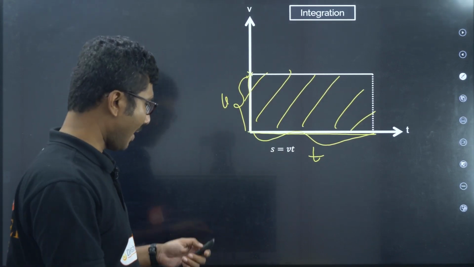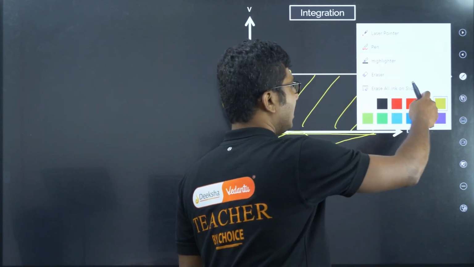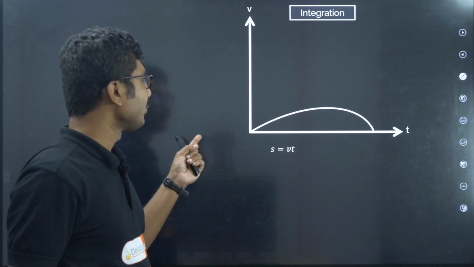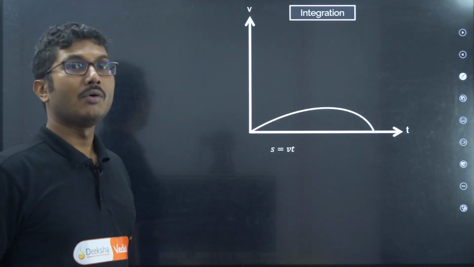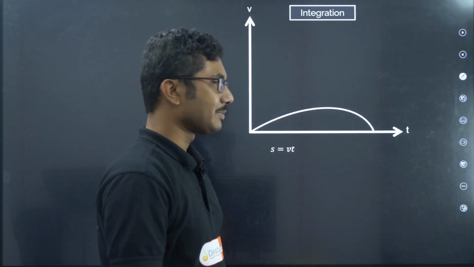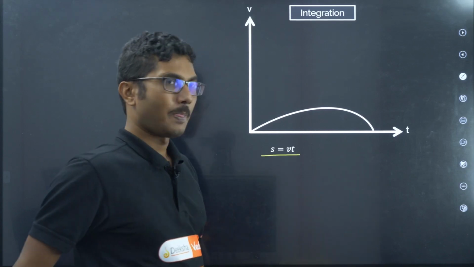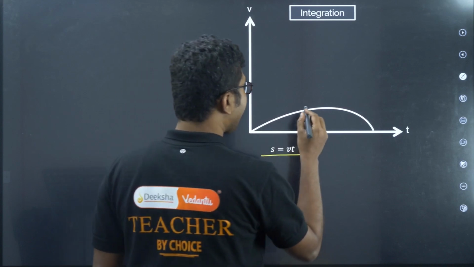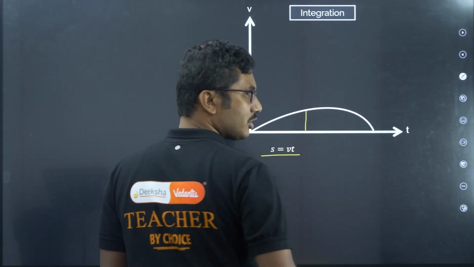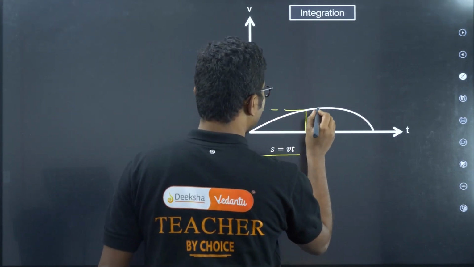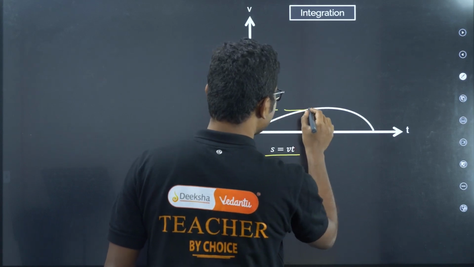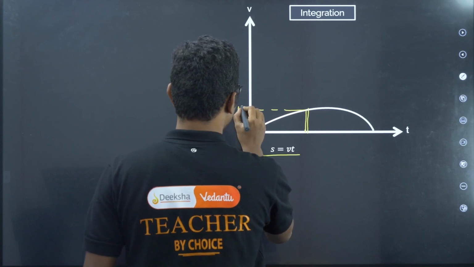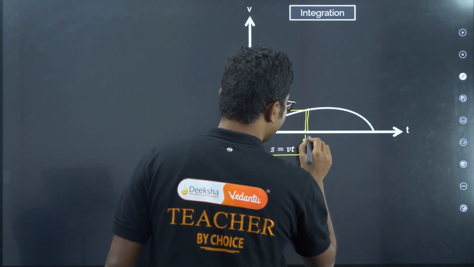Now what will happen if the graph is like this, and the object moves with a variable velocity? How can you calculate the displacement? The formula for displacement is the same, but you cannot simply apply it. You have to take a small piece. In that piece, suppose this velocity is v1 and this time is dt.